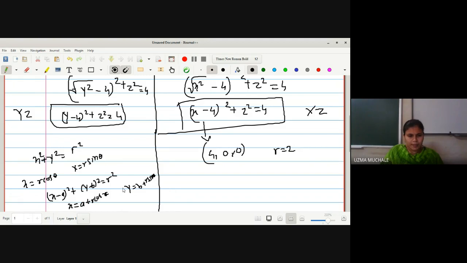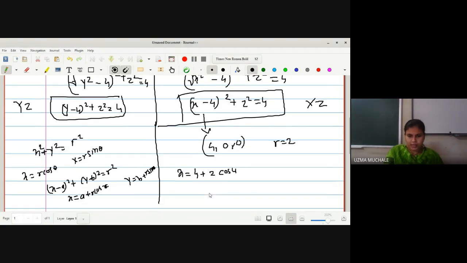Are you getting me? Yes, ma'am. Okay, fine. So here this one has center at (4, 0, 0) and radius is 2. So I can write this equation as x is equal to 4 plus r, radius is 2, cos u. I will write the angle as angle u.